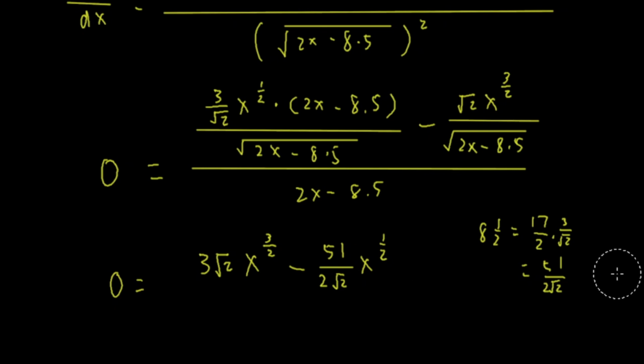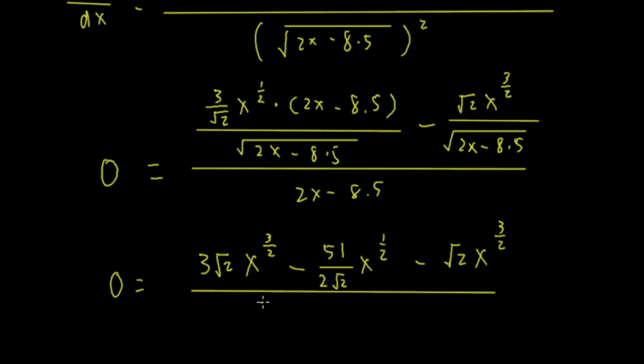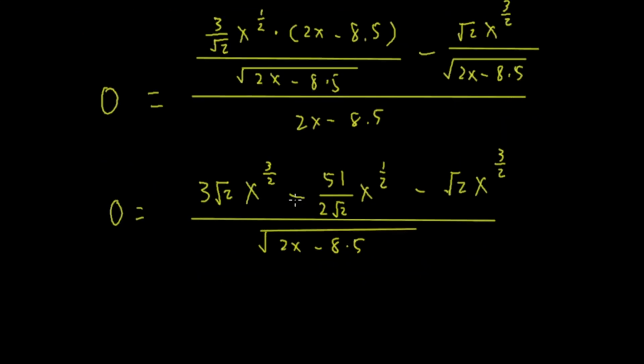And I don't need this anymore. Now, minus square root of 2, right? x to the power of 3 over 2, all divided by, here, square root of 2x minus 8.5, right? Because this is gone, right? After you move it to the left side.